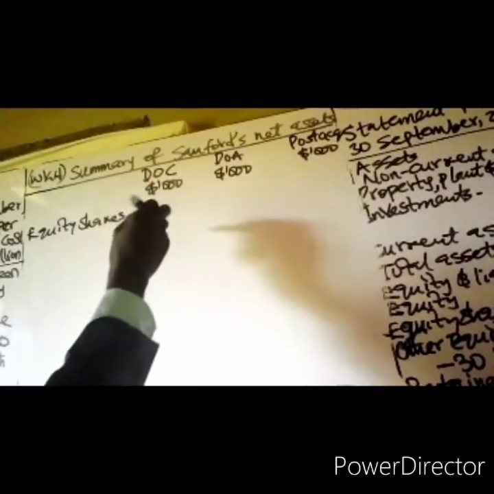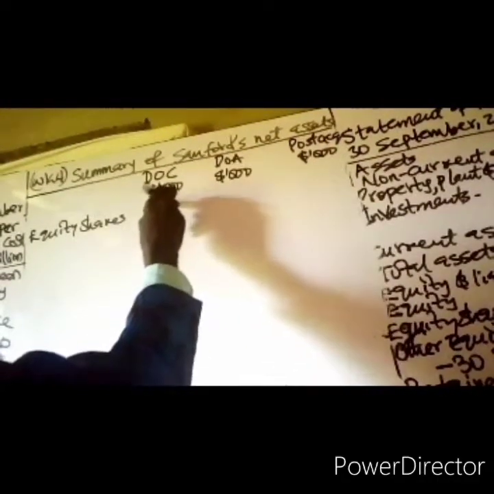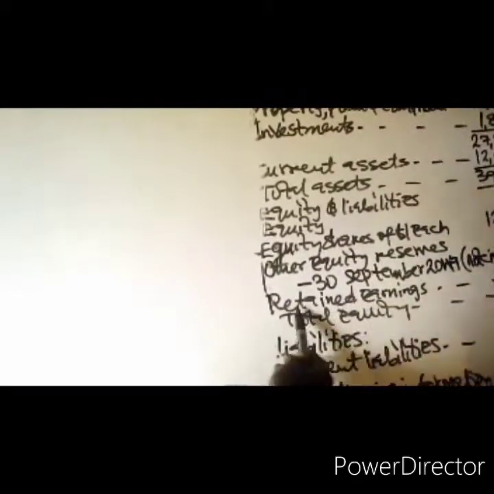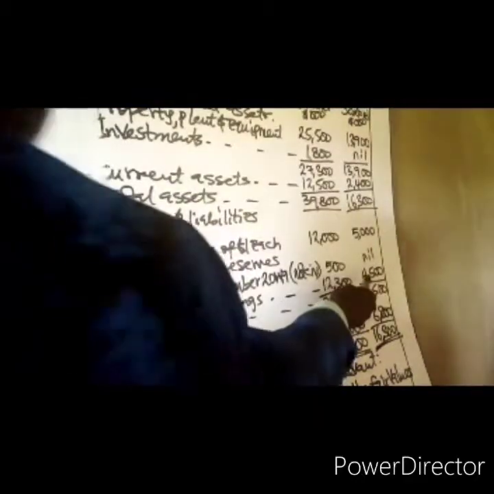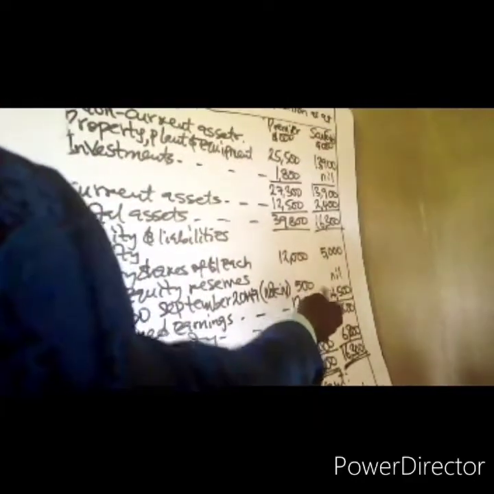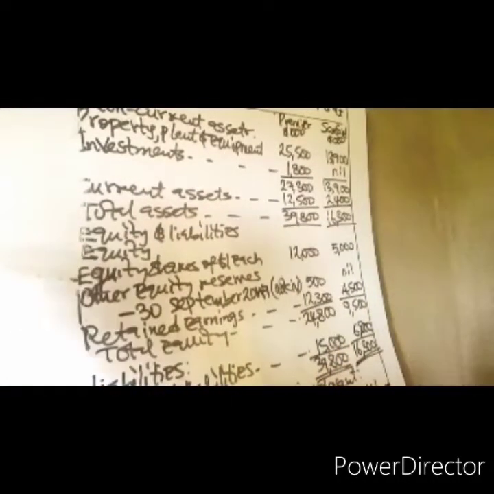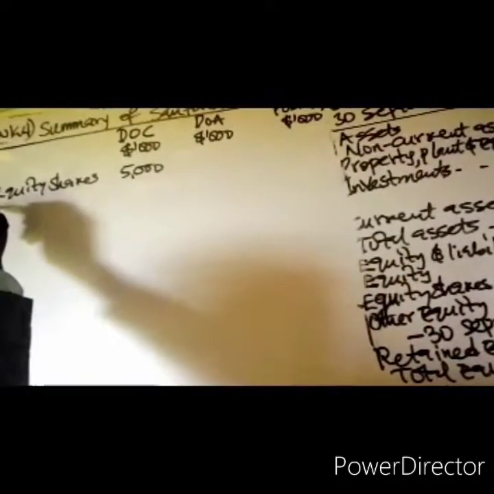That of Sanford is 5,000. Then you also have the retained earnings. Retained earnings of Sanford is 4,500. There are no other equity reserves for Sanford.